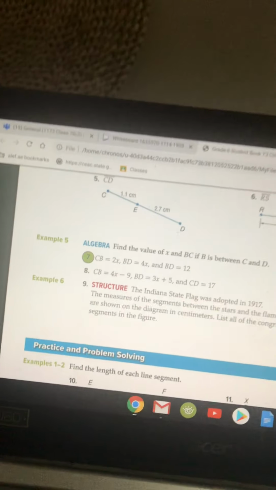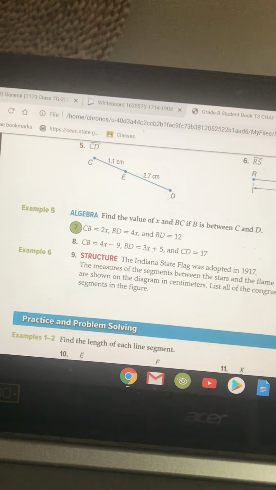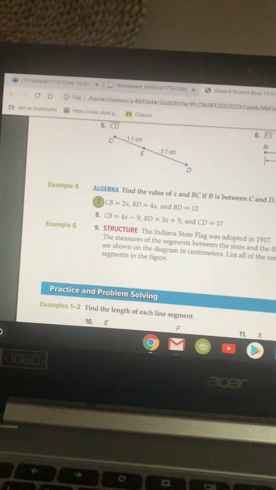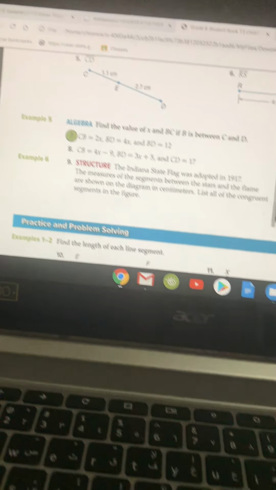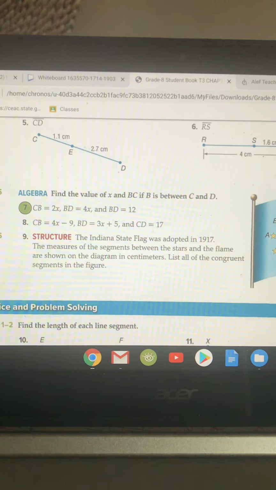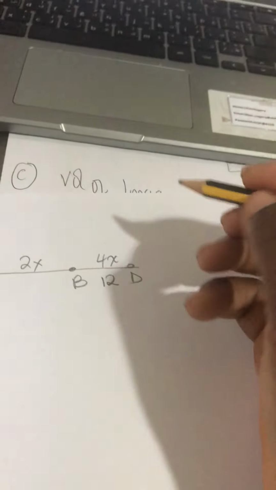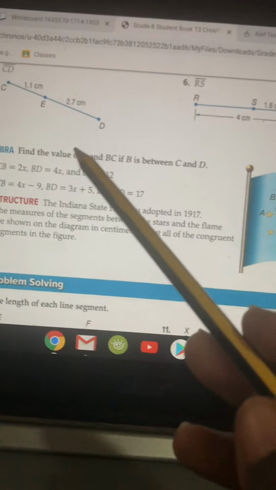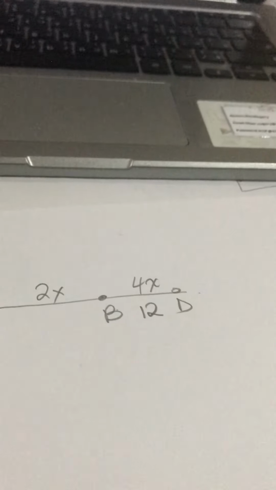Okay? Now, CB is 2x. And I label CB is 2x. BD is 4x. And then they also said BD is 12. So that's what I did. I put 4x on BD. Okay. So now I will use this to find x.